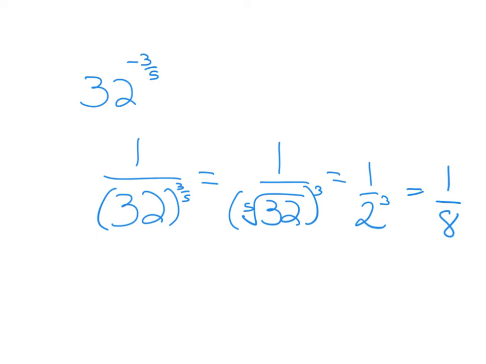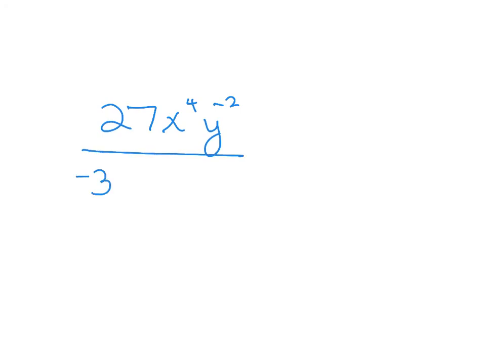Let's do one more with some negative exponents on variables. So if my original problem is 27 x to the fourth y to the negative 2 over negative 36 x to the negative 1 y to the negative 3. I'm going to move all of my negative exponents to the opposite of where they are.